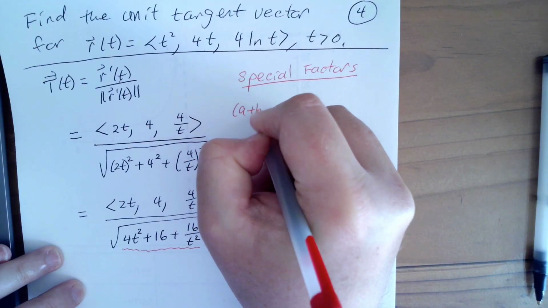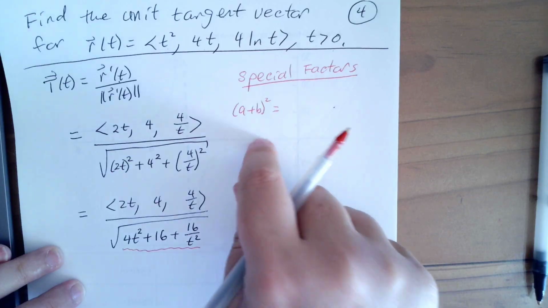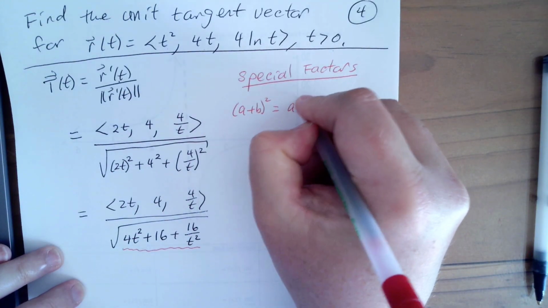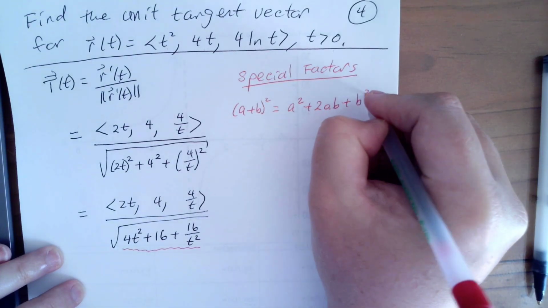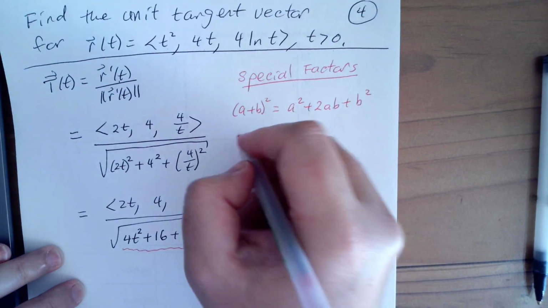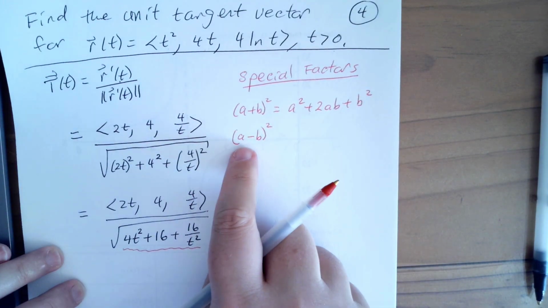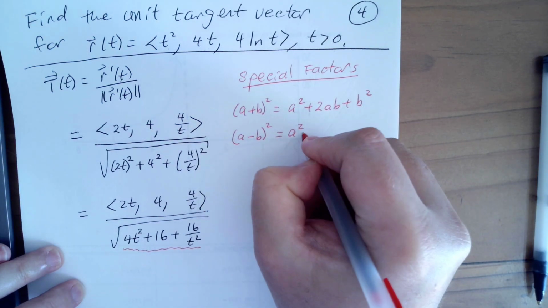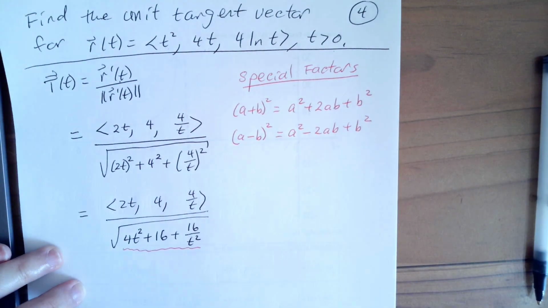Take a plus b, quantity squared. That's the same thing as saying a plus b times a plus b, but if you FOIL things out, you're going to get a squared plus 2ab plus b squared. And the other one, just a subtle difference, is if you have a minus b quantity squared, this will be a squared minus 2ab plus b squared.